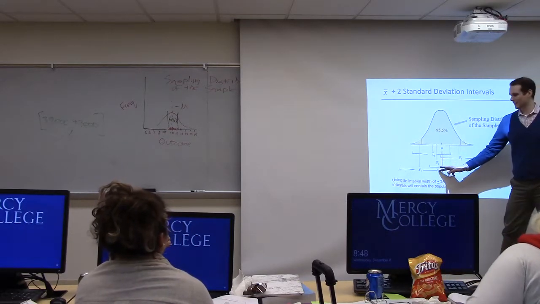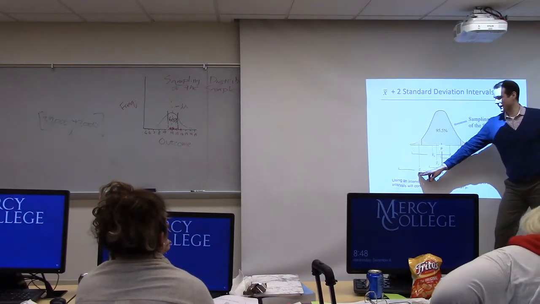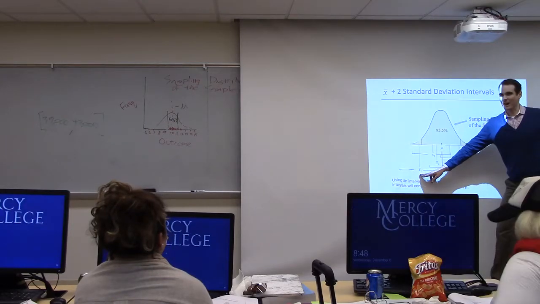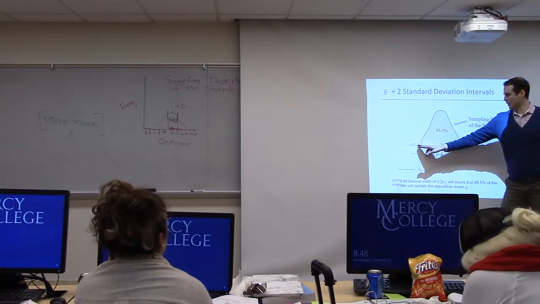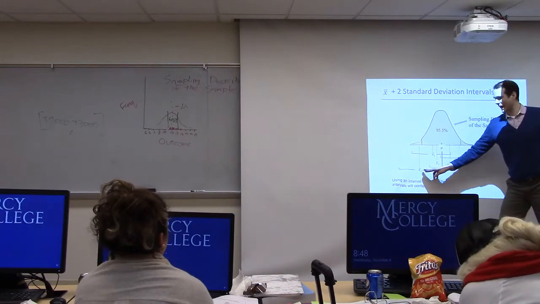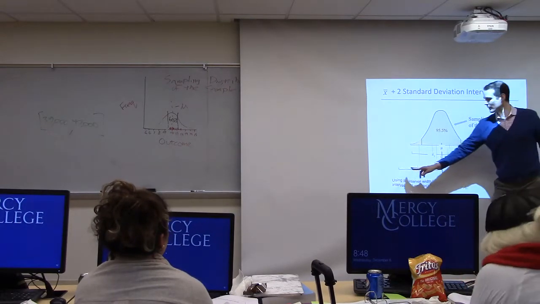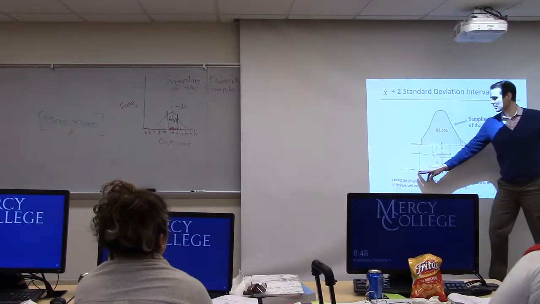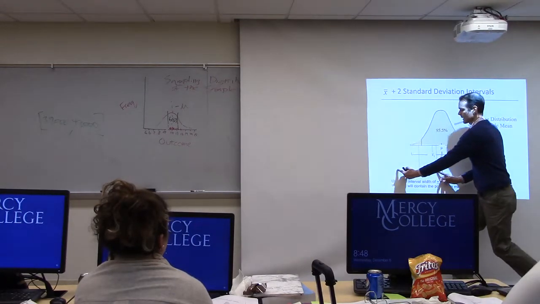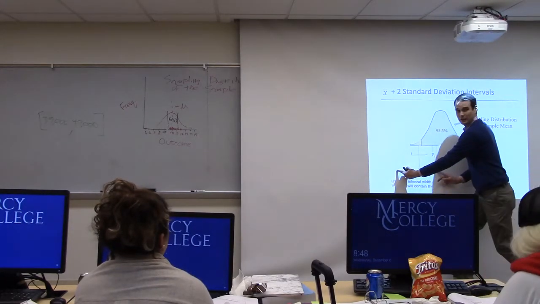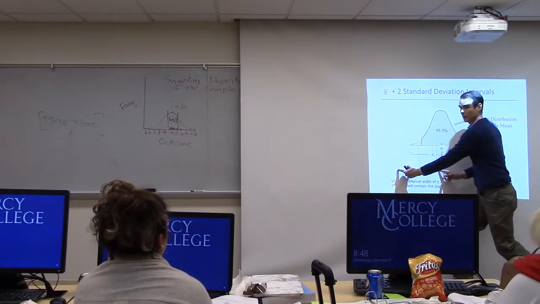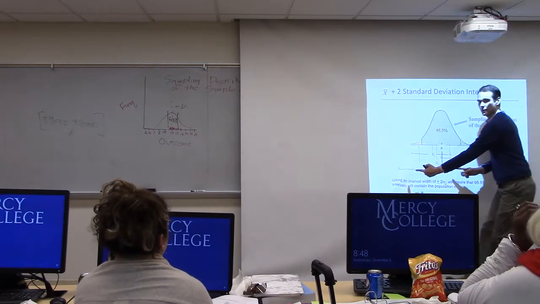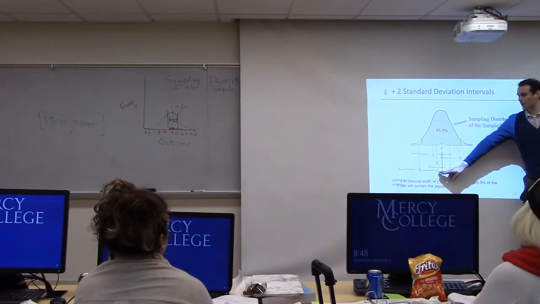Take a look at what happened down here, x bar 5. That is our sample. We added 2 standard deviations above, subtracted 2 standard deviations below, and we said I'm 95.5% confident that the true population mean is between this number and this number. Are we correct in that case?